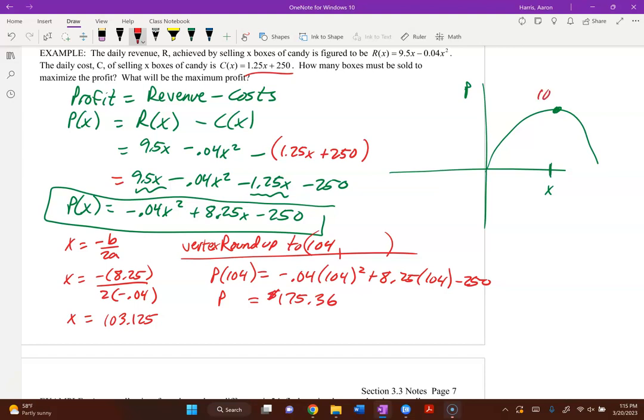So if you sell 104 boxes, again, we rounded up on this, you'll get a nice profit, approximately. Exactly it's 103.125, right? But we'll just round up on this.